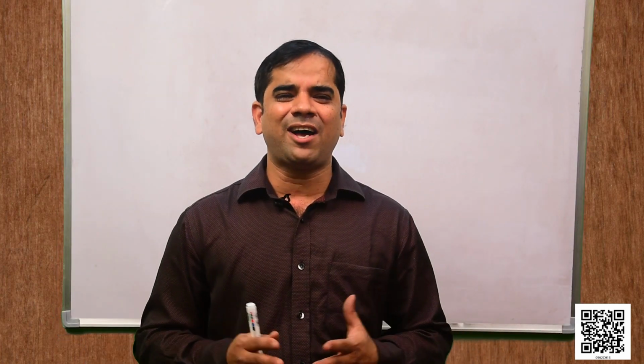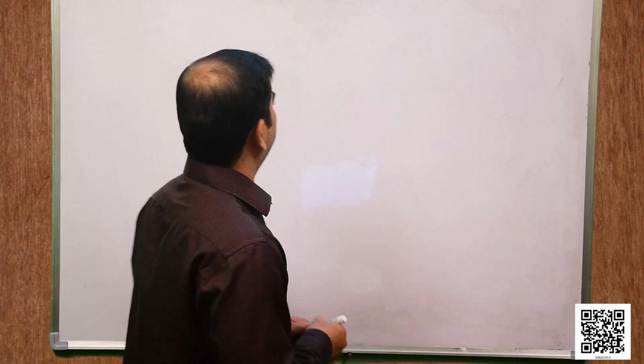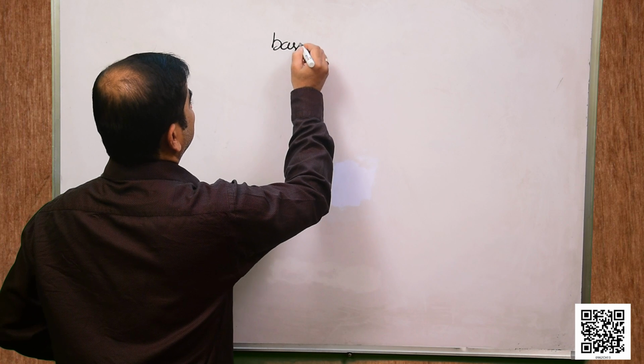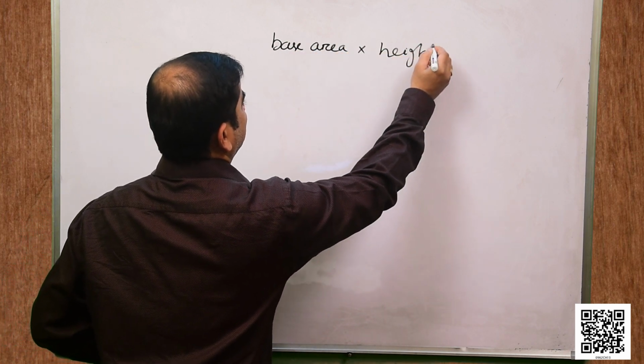Let us now discuss the volume of a cylinder. Just as a cuboid is built up with rectangles of the same size, we have seen that a right circular cylinder can be built up using circles of the same size. So, using the same argument as for a cuboid, we can see that the volume of a cylinder can be obtained as base area into height.